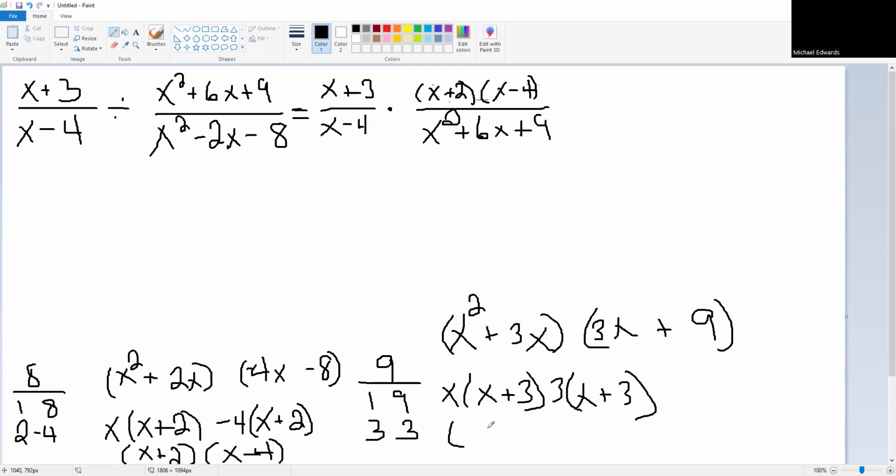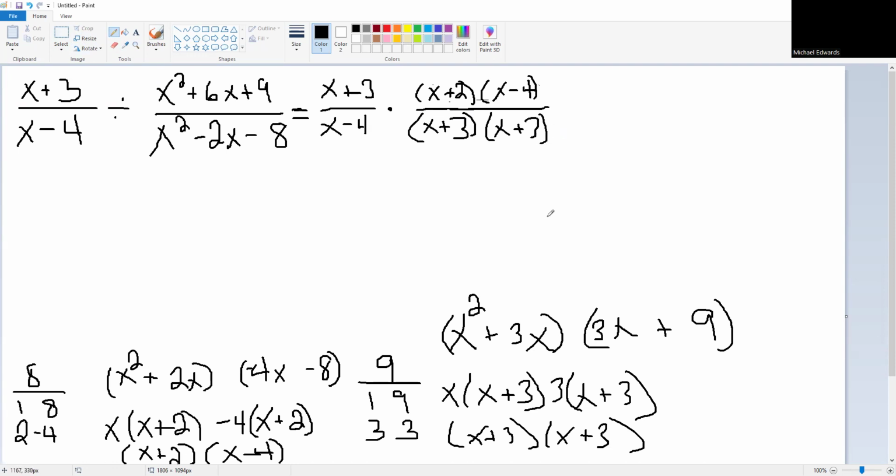And so we'll rewrite it as x plus 3 and x plus 3. So let's go ahead and remove this part. Oops. Oh, no. All right. And then x plus 3 and x plus 3.